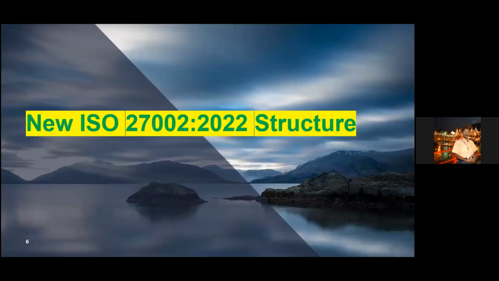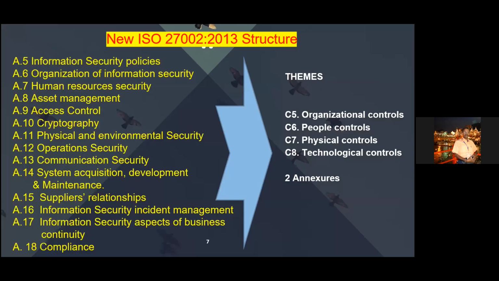How this is going to change is, all these 14 domain areas are now being classified into 4 themes, or domain areas or classes, whatever we call. One is organizational controls, which are to be implemented by the entire organization that wants to demonstrate information security.